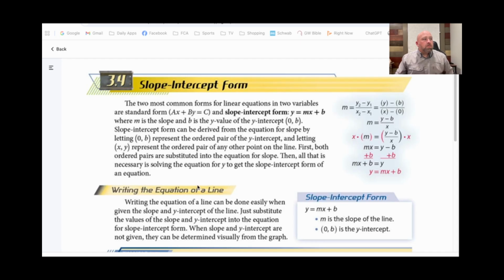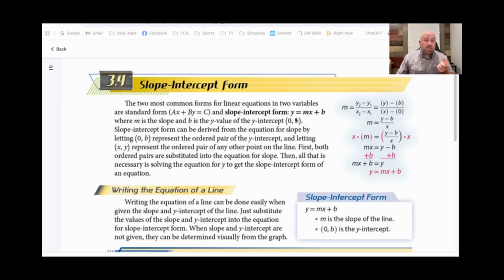The two most common forms of the line are the standard form, which we learned was ax plus by equals c. Again, we went through that a couple lessons ago. And the slope-intercept form, which is y equals mx plus b. Now you're like, okay, I remember the m, that was the slope from the last lesson.